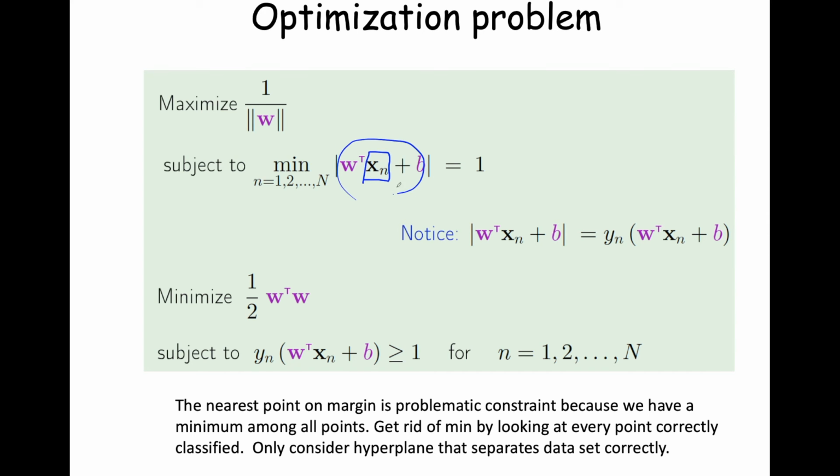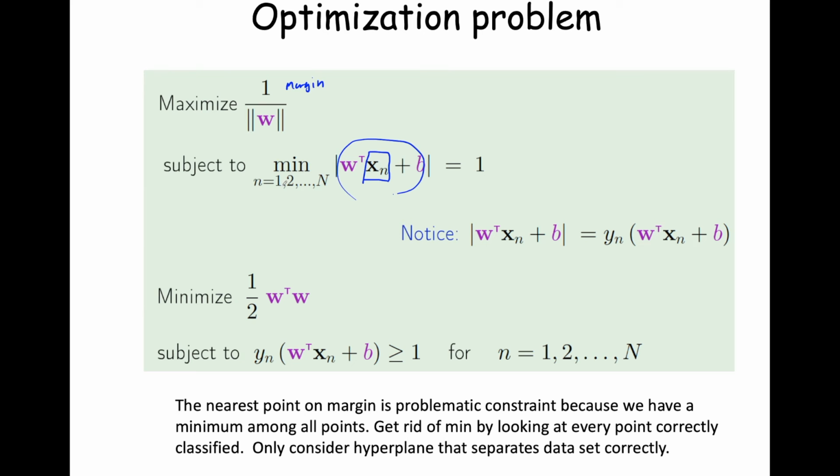Now, of course, this constraint presents us some problems. It's a maximization problem, so maximize the margin. Well, that's good because we know that large margins are more robust, less susceptible to noise. But we want to say subject to getting the classification correct for the closest off-plane point.